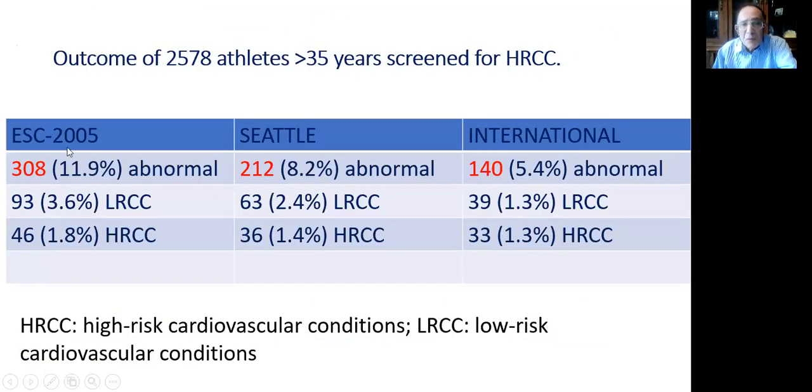This slide is important. It shows the difference between the 3 guidelines: European Society, Seattle criteria, international. The most lenient permissible is the international. So the European Society is very tight. They found abnormal ECG in athletes in 11.9%, but international, they permit some abnormality and only considered it abnormal in 5% of athletes.